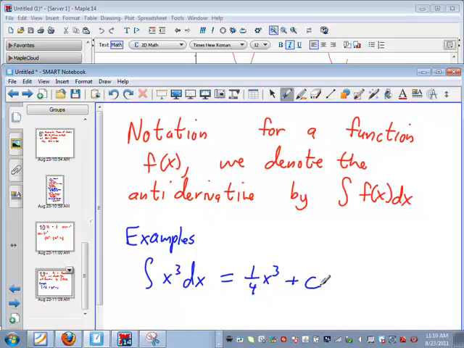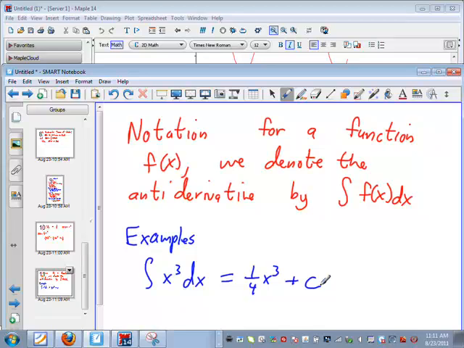Notice the difference between the two problems I did. I wanted to know the integral from 0 to 1 of x to the third dx. I'm literally asking for what is the net area under the graph of x to the third from 0 to 1. That is a stone cold number. That's a number. But then when I write this notation, I say, well, what is the antiderivative? When I write this, I'm literally saying, what is the antiderivative? I'm asking, give me every single function.